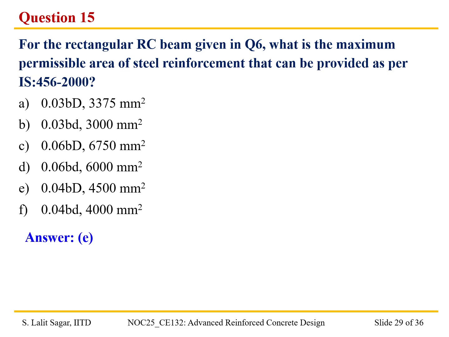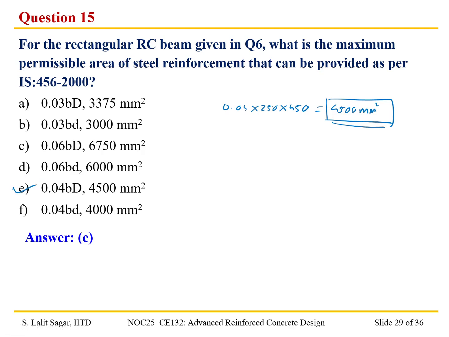Let us calculate what is 4%: 0.04 into 250 into 450 gives us a value of 4500 mm square. So option E is the correct response.